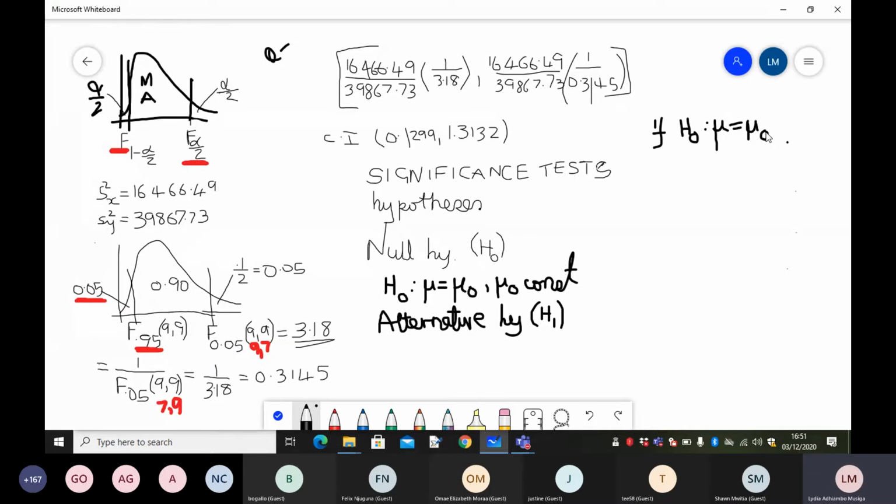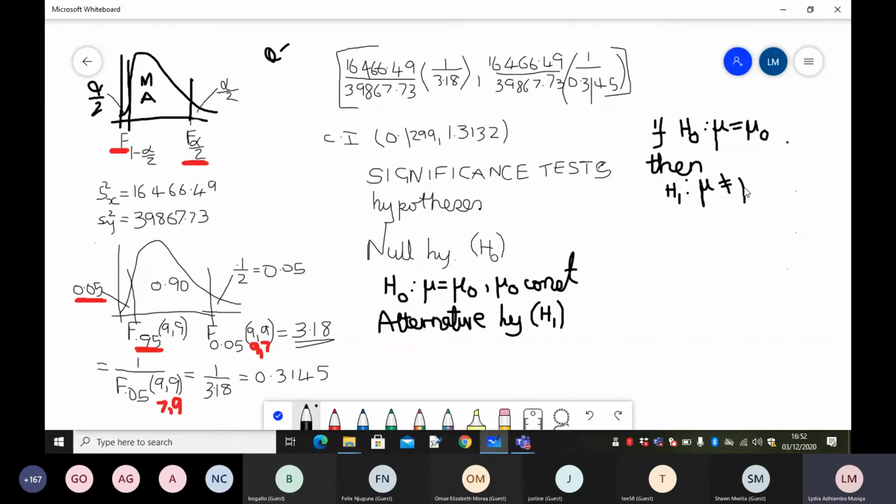How do we denote that as an alternative hypothesis? If our null hypothesis is H naught such that mu equals mu naught, then one of the alternatives is H1 such that the mean is not equal to mu naught.